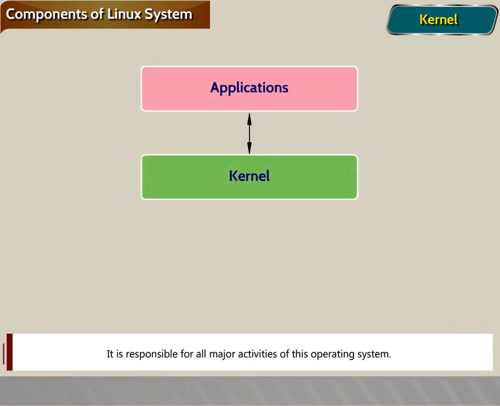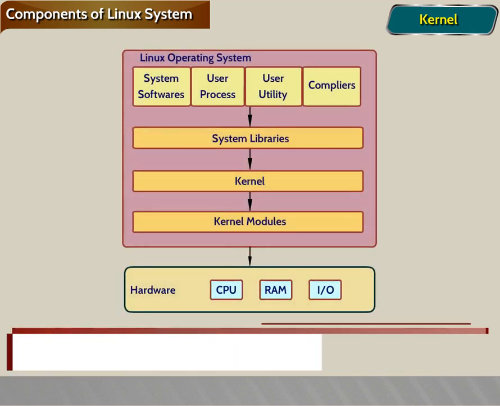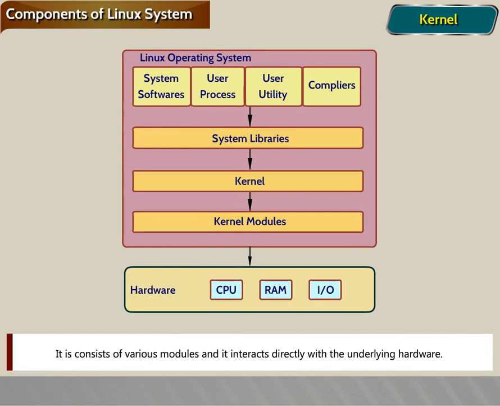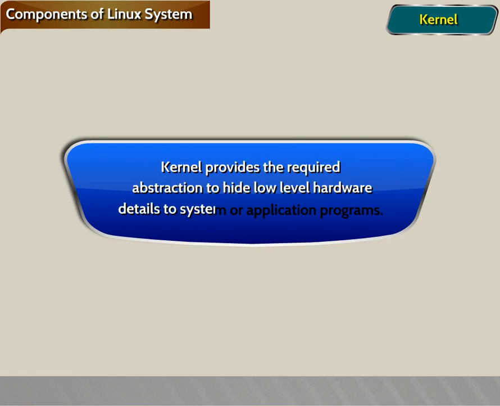It is responsible for all major activities of this operating system. It consists of various modules and it interacts directly with the underlying hardware. Kernel provides the required abstraction to hide low-level hardware details from system or application programs.